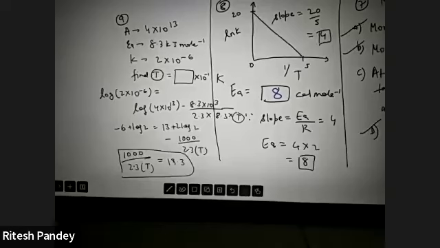Any better way of doing this problem? Yes, please.